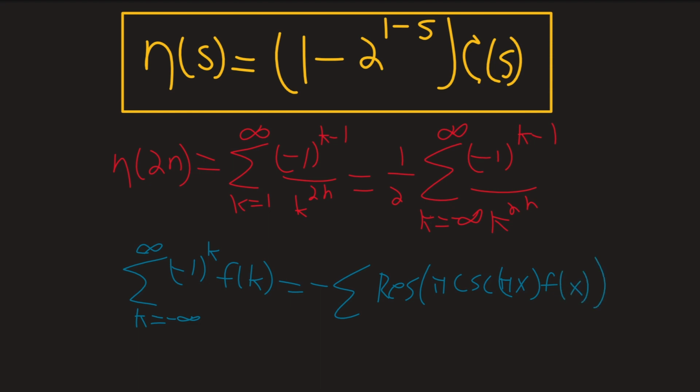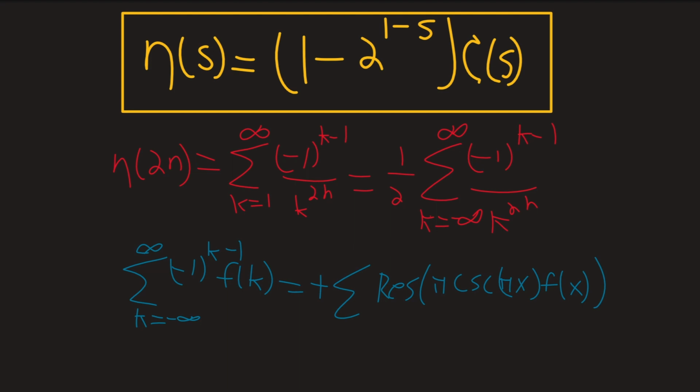We can almost, but not quite, apply this equation from complex analysis to our equation. First I want to multiply both sides by negative 1, so that we get a positive here and a negative up there, and then we can directly substitute in our f of x.